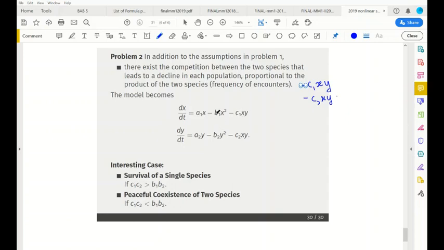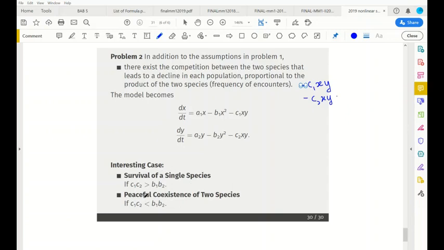For this case, when c1c2 is greater than b1b2, if we see the phase portrait, or we solve it using the eigenvalue method, we are able to see the pattern of the long-term solution, the survival of a single species.